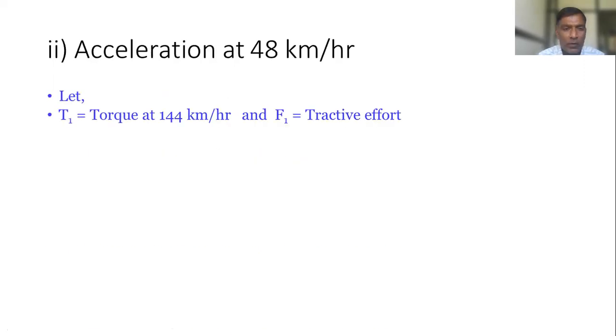So next line you can write. Already they have given one condition regarding the torque. So you can write T1 is equal to torque at 144 kilometers per hour.